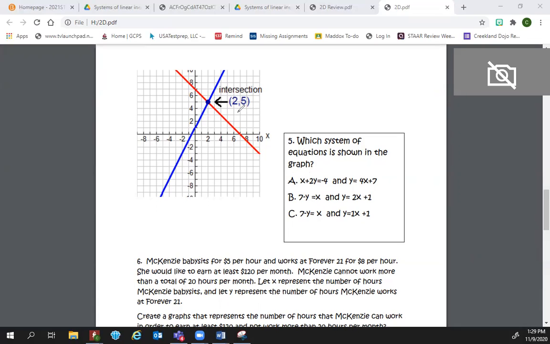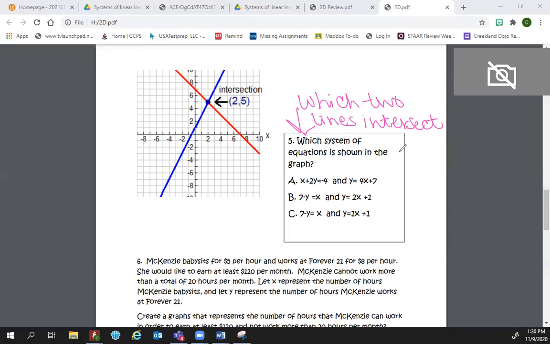I'm looking for the 2 lines that make the answer, right? So basically, which system of equation is shown in the graph? Write this down. Which 2 lines intersect to create the answer?